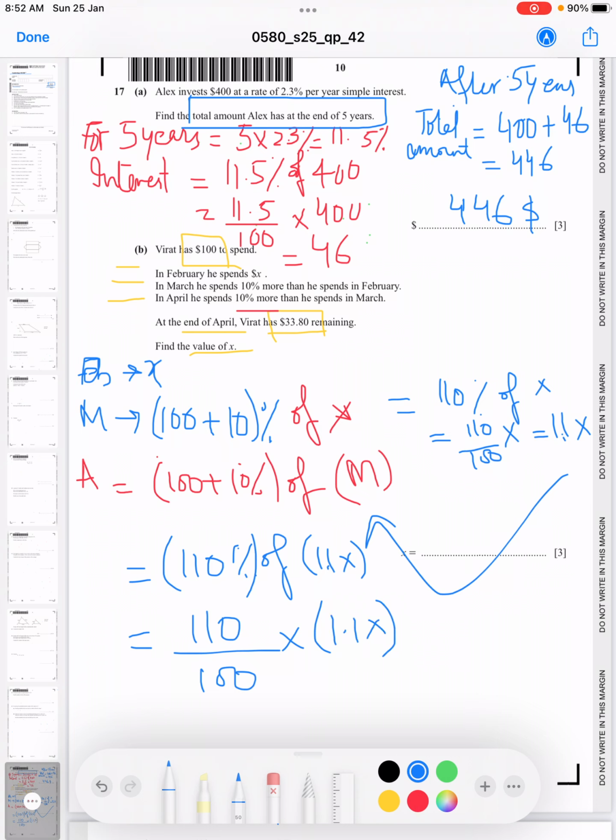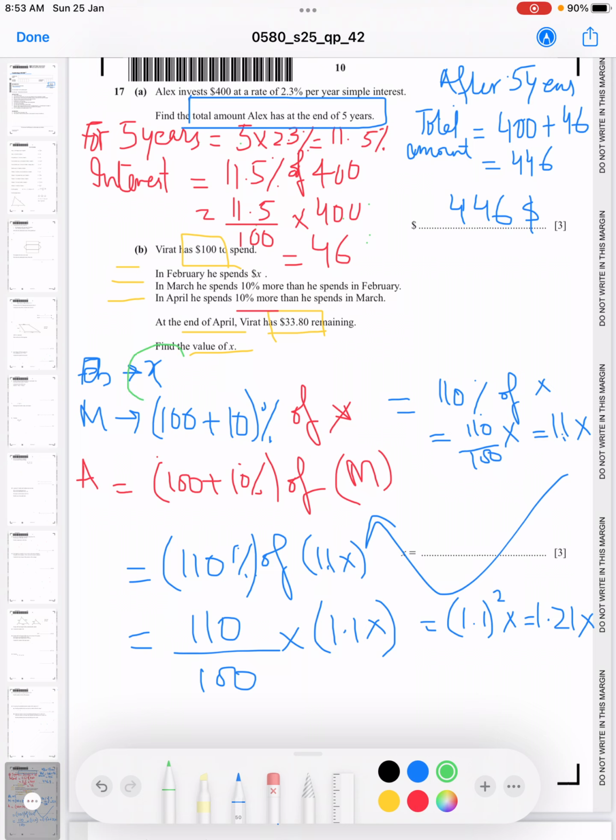When you solve it, you will get 1.1 squared times x, which gives 1.21x. Okay, I am just circling the total spends.